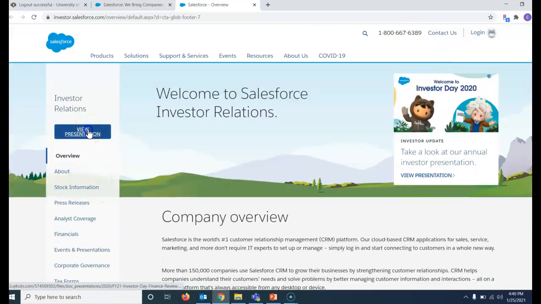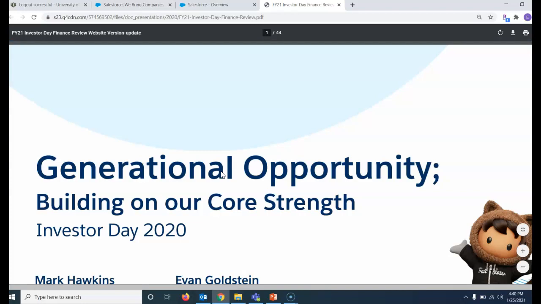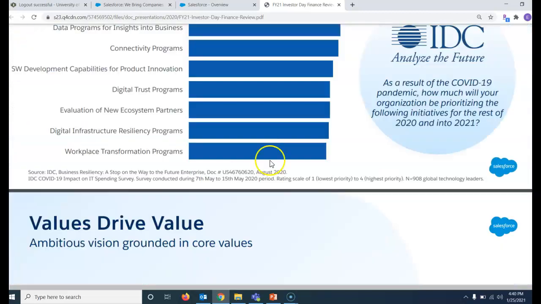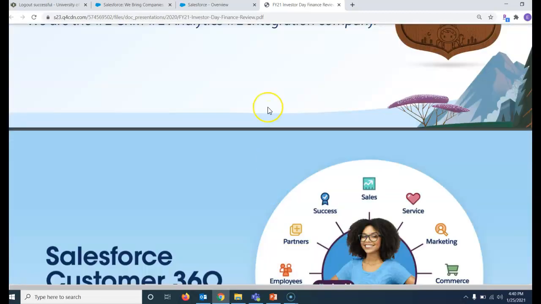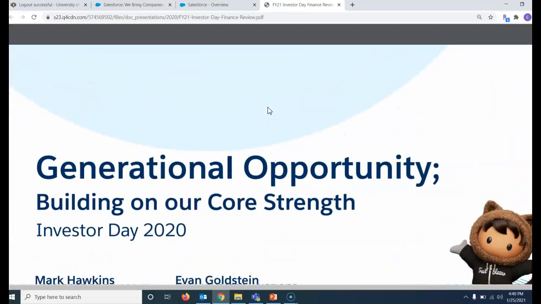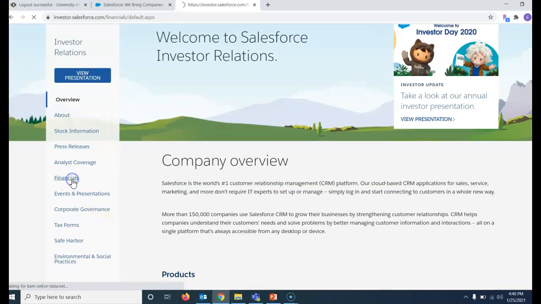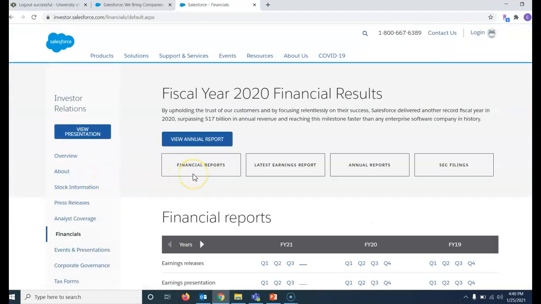You can look through presentations that often have a lot of information. So if you find like an investor day presentation, and you see it's got 44 slides, you're going to find a wealth of information within this. So what you have to do is really just cull through the information to find what you're looking for. If, for example, you look at financials, the annual report is always a good place to go.